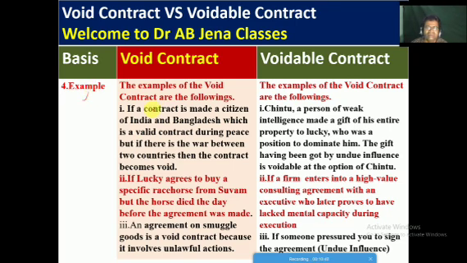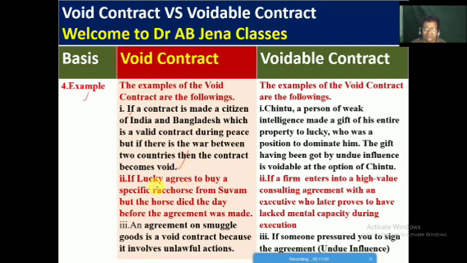What are the examples? The examples of void contracts are the following. First, if a contract is made between a citizen of India and a citizen of Bangladesh, it is a valid contract during the peace period, but if there is war between the two countries, the contract becomes void.